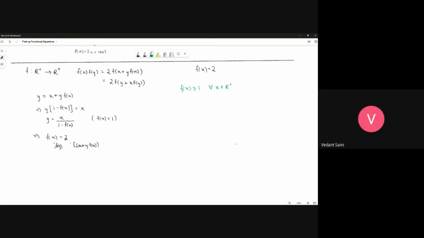Yeah, it does. Let's see how the question unfolds. f of x equals cx plus 1 for some c. Okay, try that.